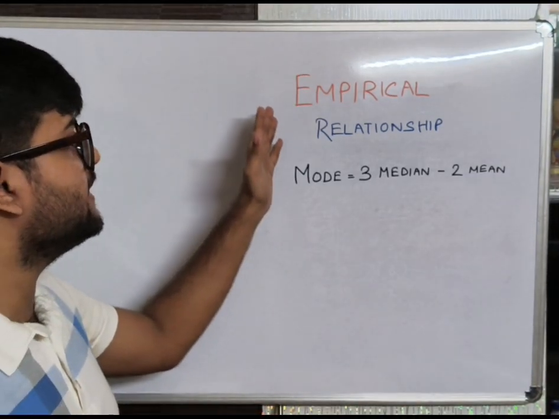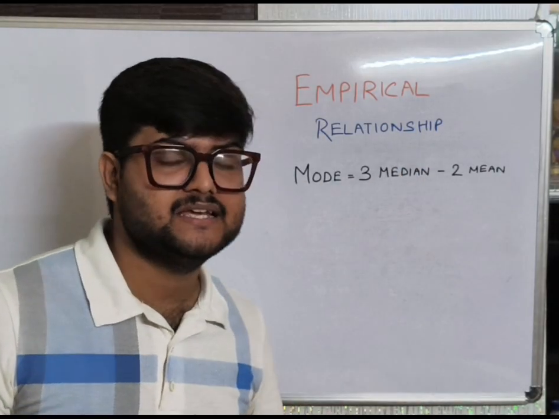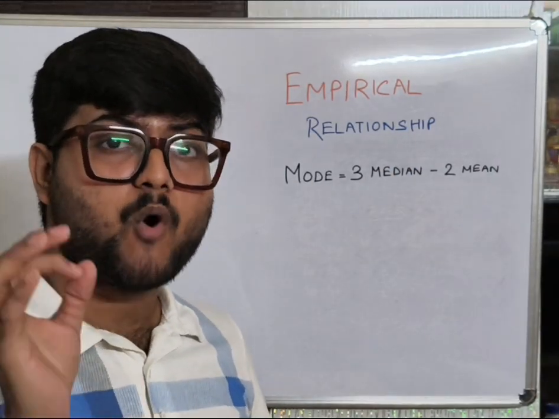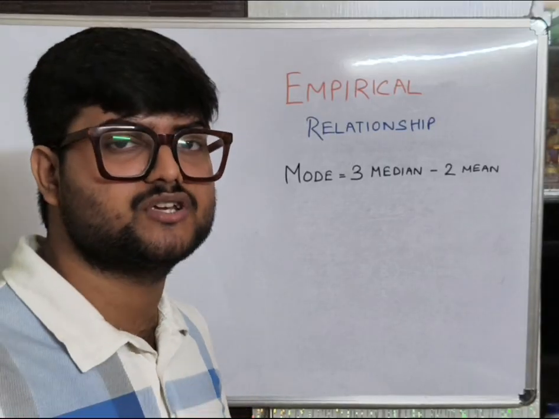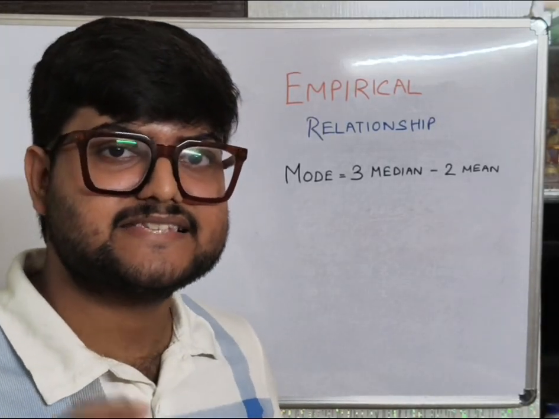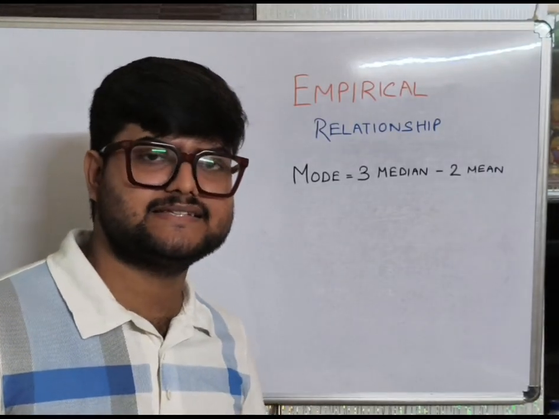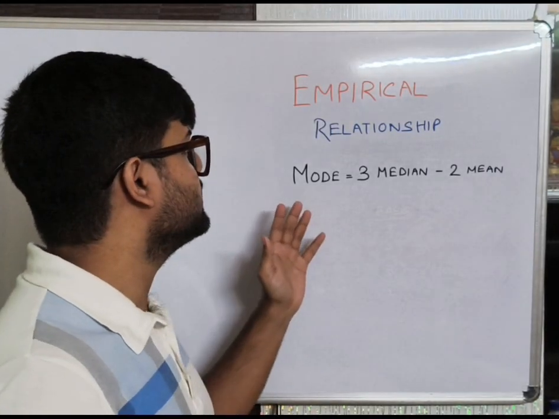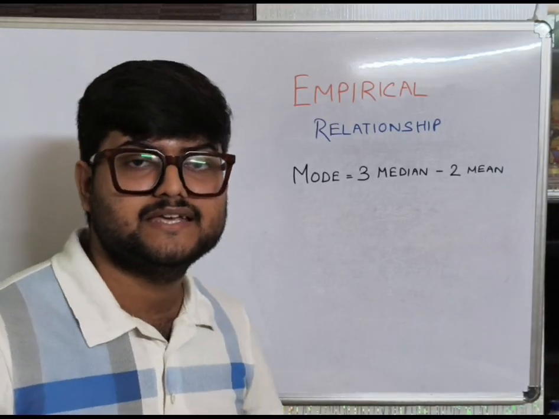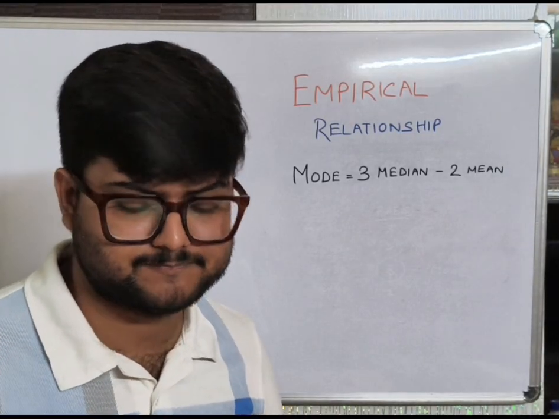So that is the empirical relationship between mode, median and mean when there is a moderate skewness in the distribution of the data. Now we'll also understand the skewness of a distribution, and from there we'll understand the relationship between mean, median, mode in a symmetric and non-symmetric distribution.